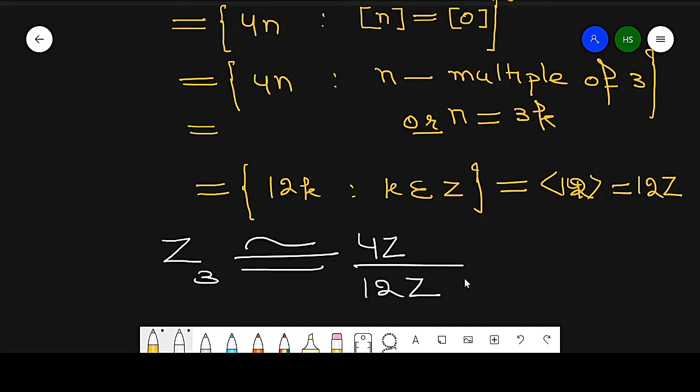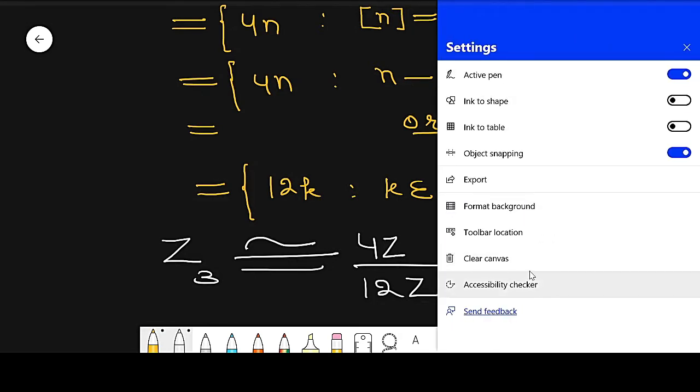So in this way we can prove that Z3 is isomorphic to this value. Here we use the fundamental theorem of homomorphism. Now next is again a very important example question.